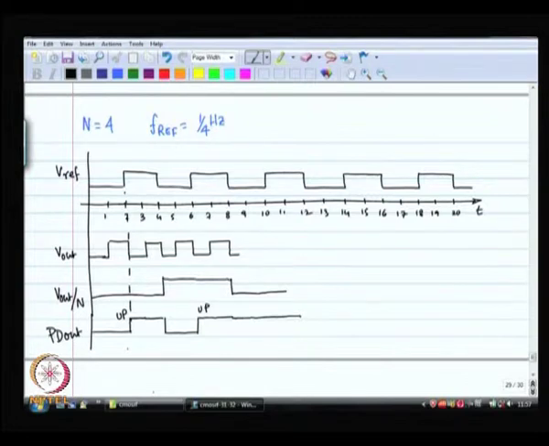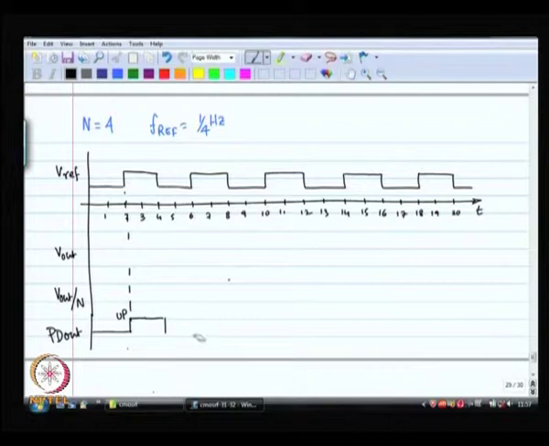All right. Now, suppose the VCO speeds up even further, and instead of 0.5 hertz, now it is running at 1 hertz, but with some funny phase alignment. It is not aligned to our reference.